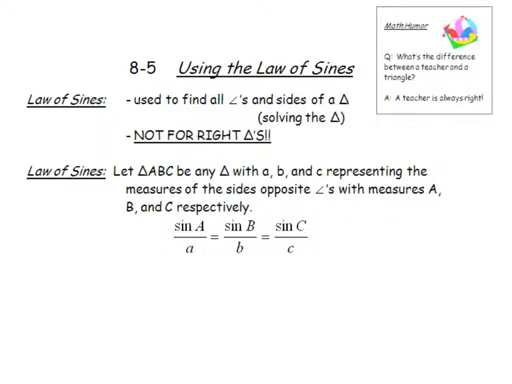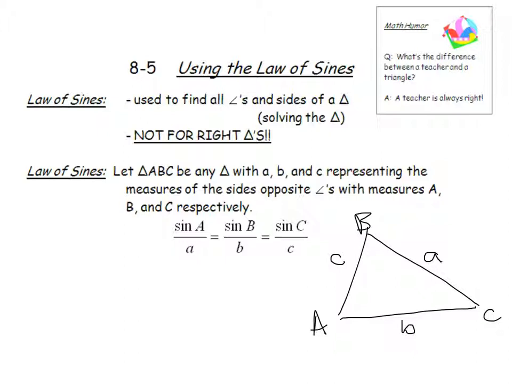So the law of sines has to do with a triangle. Now let me go ahead and get this triangle drawn out, and I'm going to label the triangle A, B, and C, such that the sides opposite the angles, so opposite angle A is little a for the side, opposite angle B is little b, and opposite angle C is little c. So what we've got here is some sort of ratio that we're going to be able to set up.